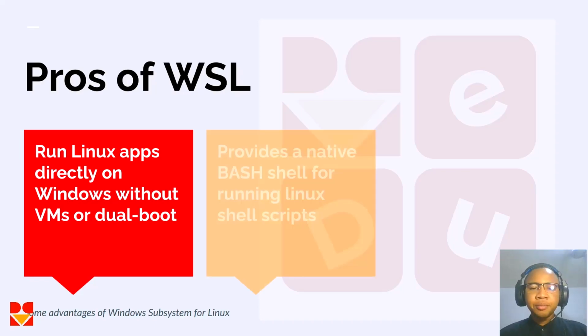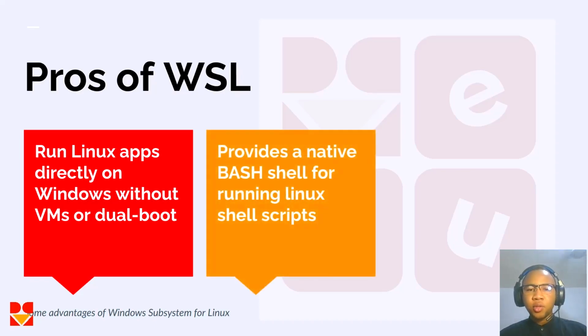That's great, right? And then it also helps us to have direct access to the bash shell. So that's the Bourne Again shell directly, right? For running Linux shell scripts. So there was a time when some of us had to use Git Bash because we wanted to still use the basic Linux shell commands while still on Windows.